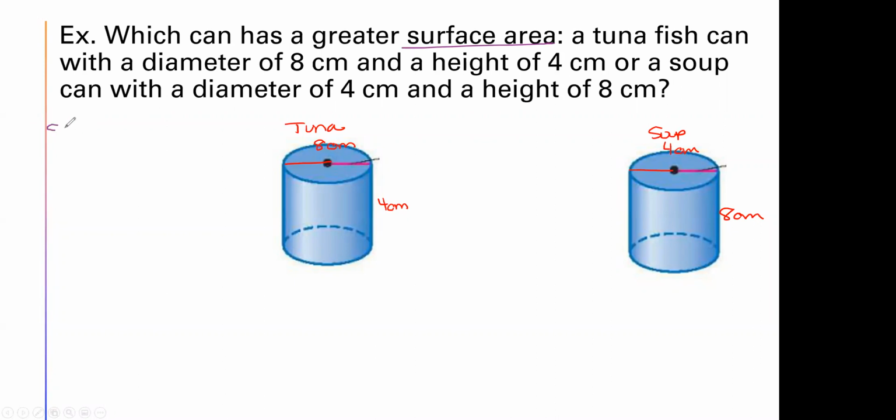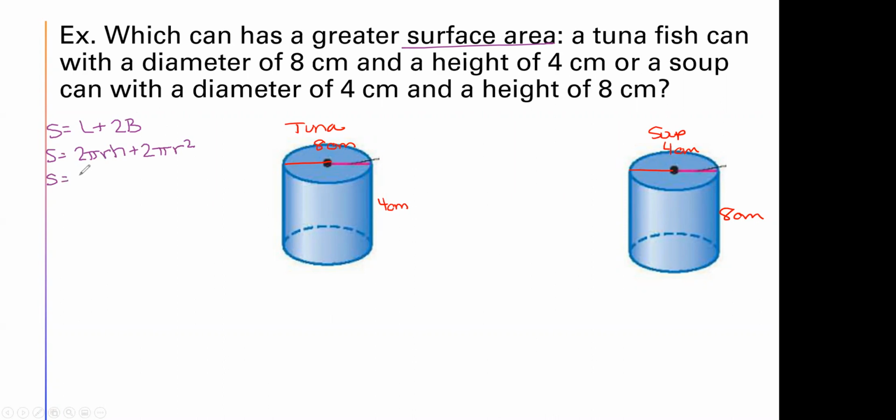So the surface area is the lateral area plus 2 times the area of the base. And the lateral area can be found by using 2 times pi times the radius times the height. And then the area of the base can be found by taking pi r squared.